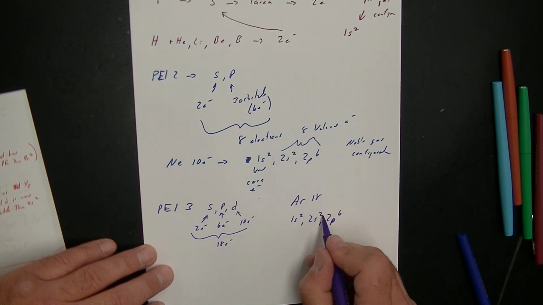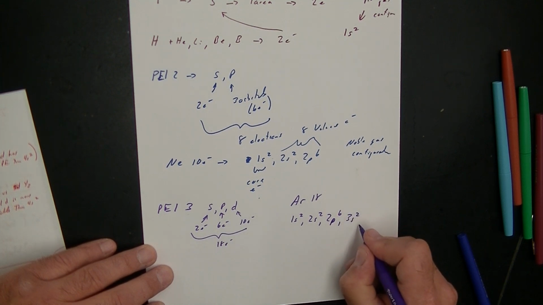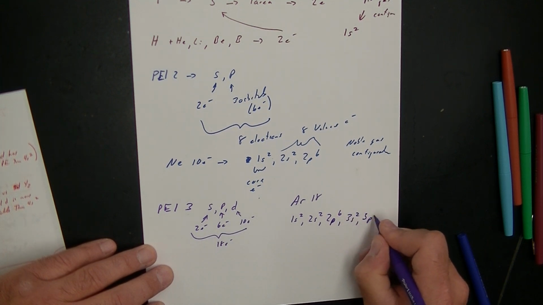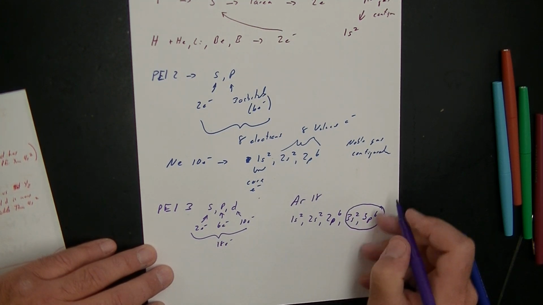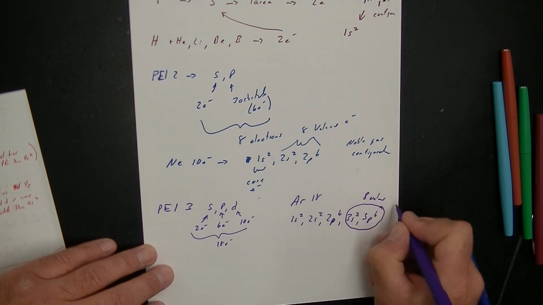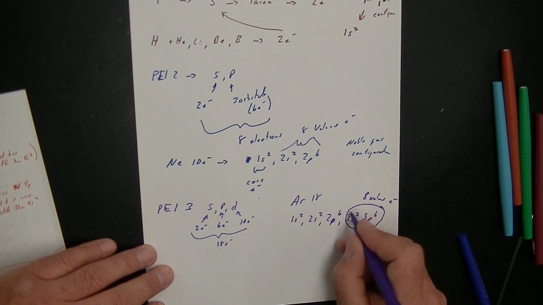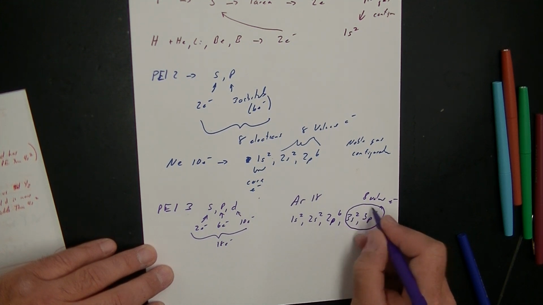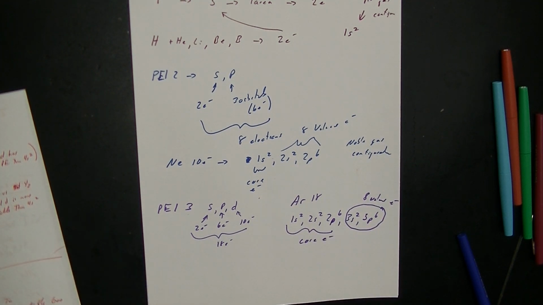We got 6, 7, 8, 9, 10 so far. Then 3s2, 3p6. We have these 8 valence electrons. Very stable. That's what elements want, these full s and p orbitals. It's what makes them stable. These then are my core electrons.